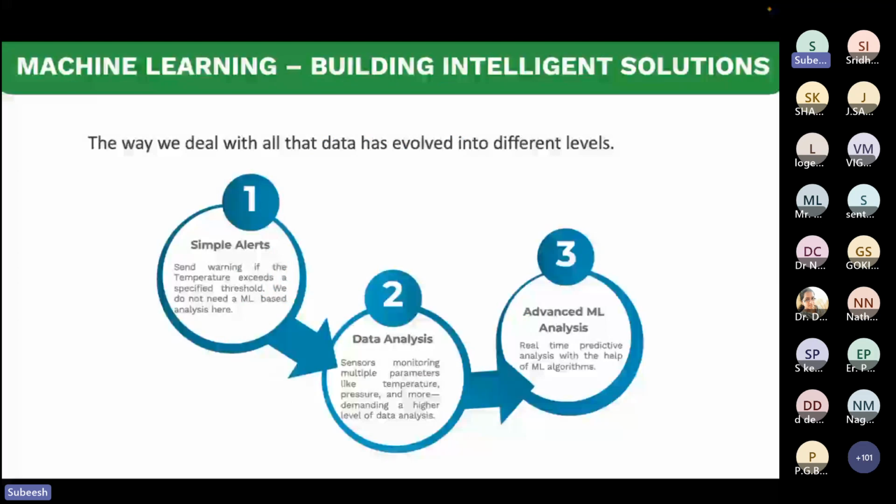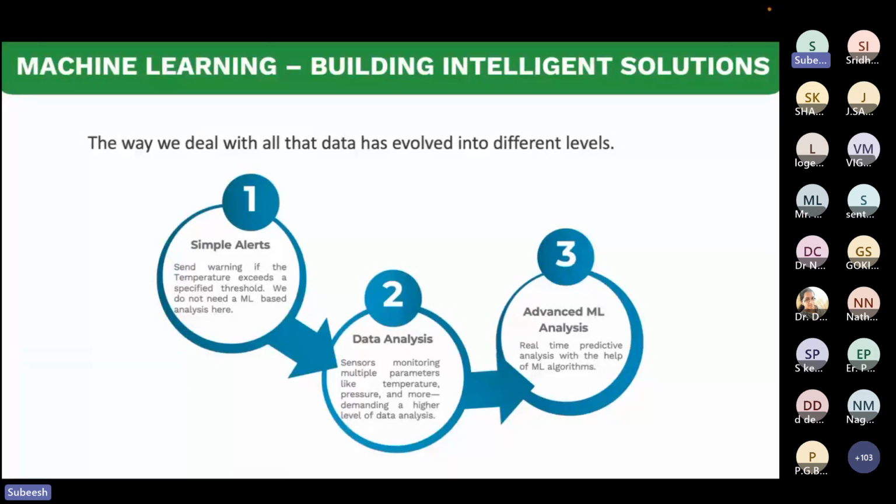Machine learning, basically, you don't have to go for machine learning every time. If it is simple, you keep it simple. If you don't have many features or much processing to be done, you can do the actuation or any operations without much data processing. But if you have more sensors, you go for a little more advanced analysis, and you have complex analysis if there are heterogeneous devices and many other sources you are collecting data from and analyzing.